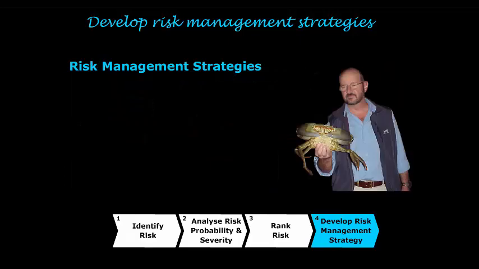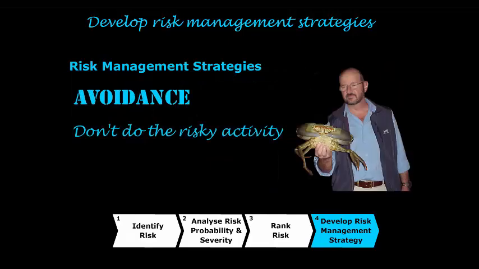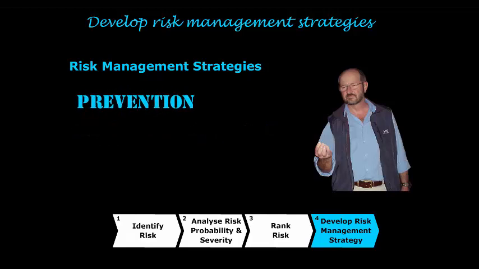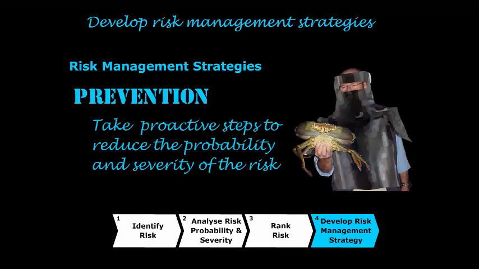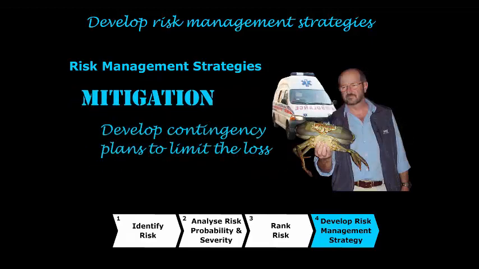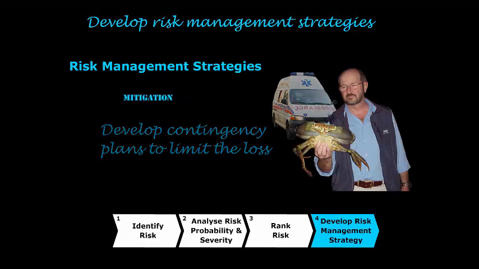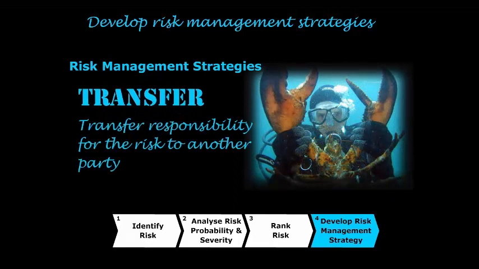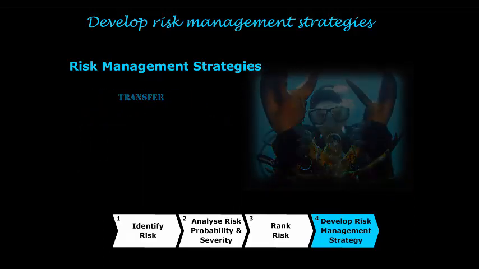To summarize, we can manage risk by avoidance, where we don't engage in the risky activity; prevention, where we take proactive steps to reduce the probability and severity of the unwanted outcome; mitigation, where we accept the risk and develop contingency plans as a buffer against loss; and transfer, where we transfer the responsibility for the risk to another party.